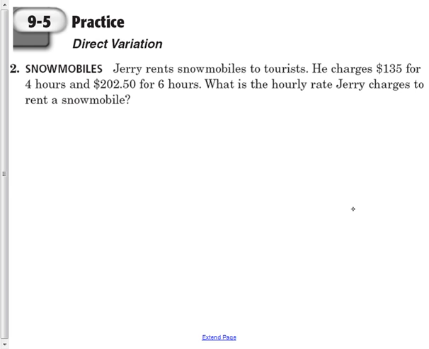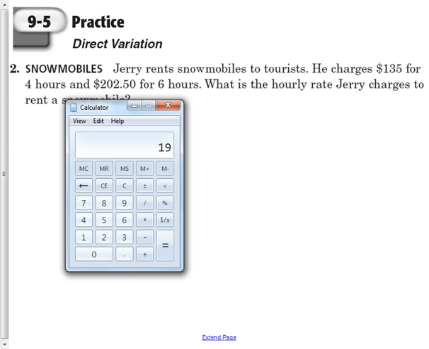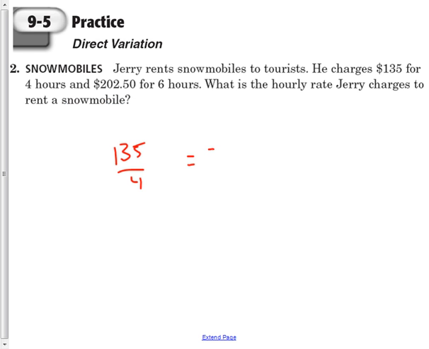All right, now in 9-5 we were doing direct variations. So he charges $135 for 4 hours and $202.50 for 6 hours. What is the hourly rate Jerry charges to rent a snowmobile? So if we figure that out, we can do 135 divided by 4. 135 divided by 4 is $33.75 per hour.